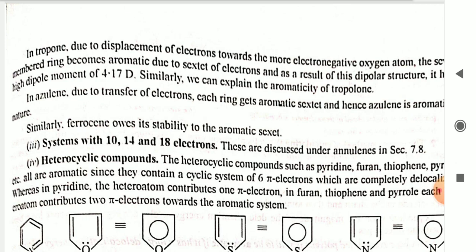In azulene, due to transfer of an electron, each ring gets an aromatic sextet and hence azulene is aromatic in nature. Similarly, ferrocene owes its stability to the aromatic sextet.